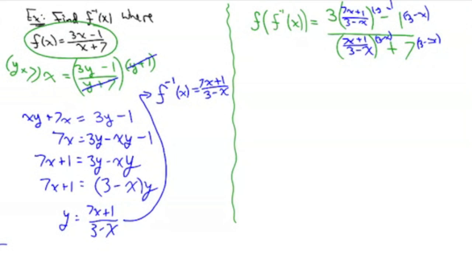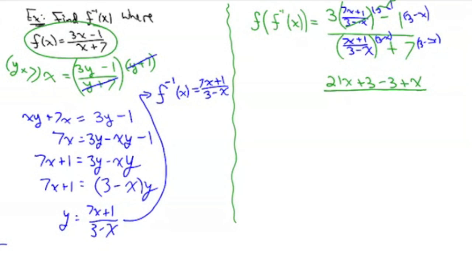So when you do that, these cancel, and you're left with 3 times 7x plus 1, better known as 21x plus 3. Over here, you're going to get minus 3 plus x over.